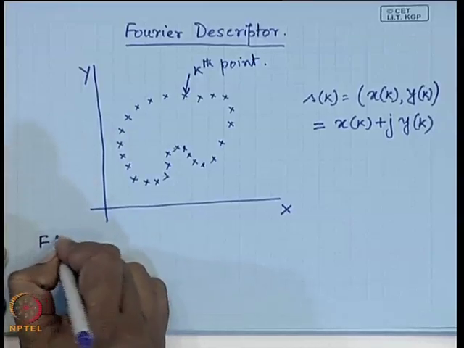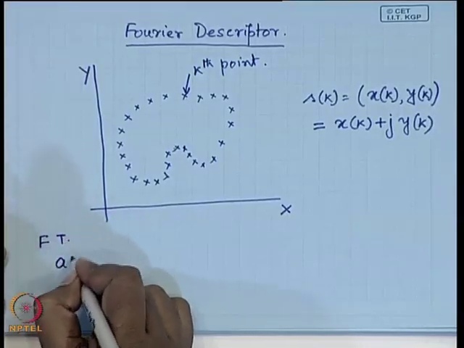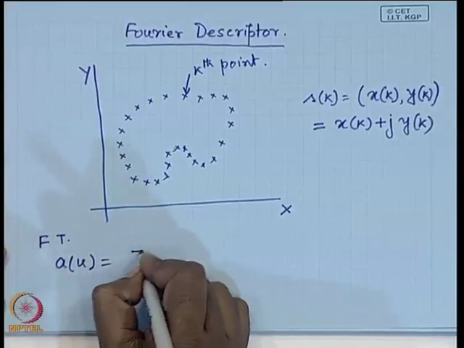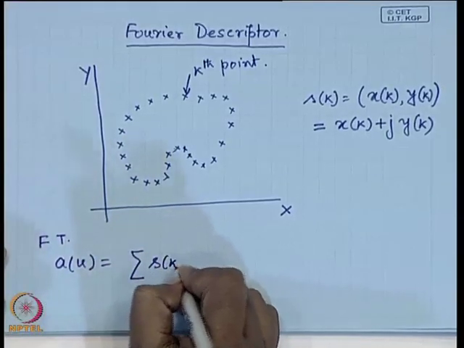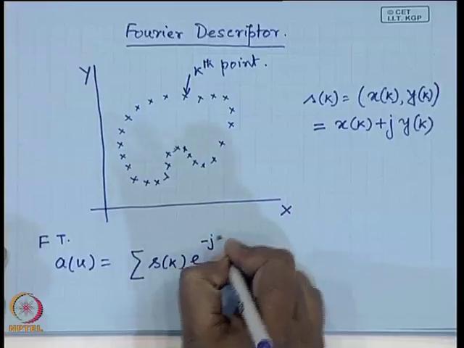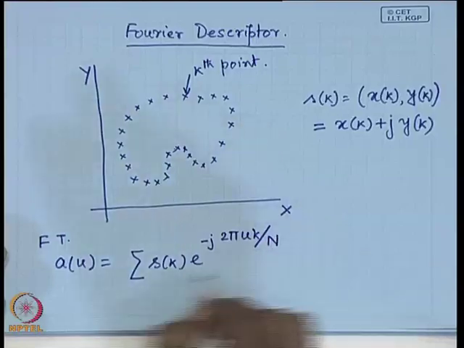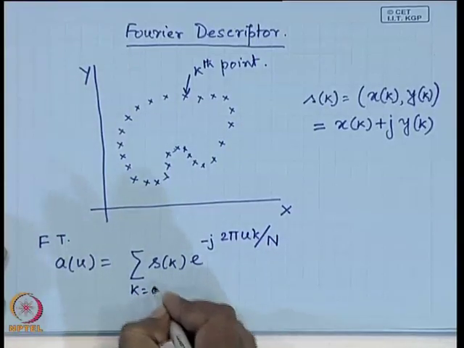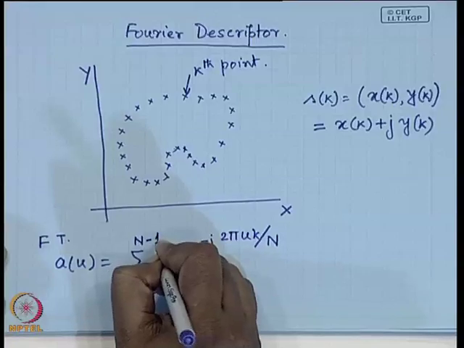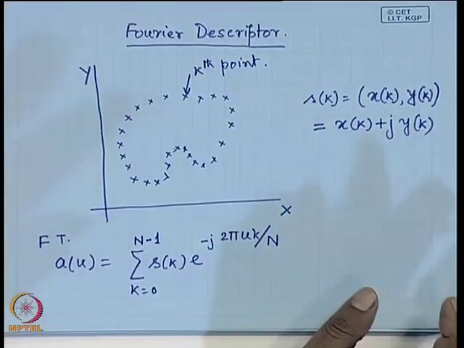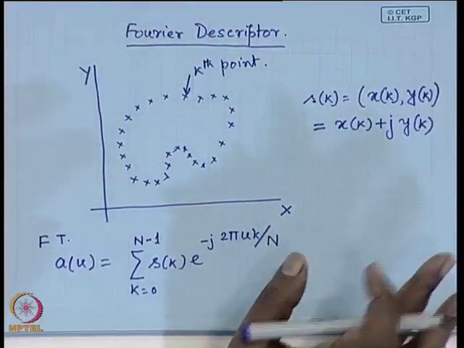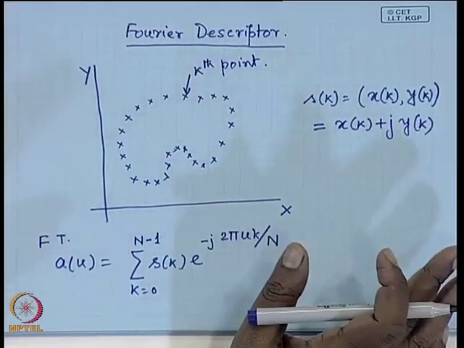If I find the Fourier transform, I will get A u equal to the sum of s k e to the power minus j 2 pi u k upon capital N, where k varies from 0 to capital N minus 1, and capital N is the total number of samples I have in this boundary representation. So, what I am doing is, I have a set of two dimensional points, which are nothing but the boundary points.